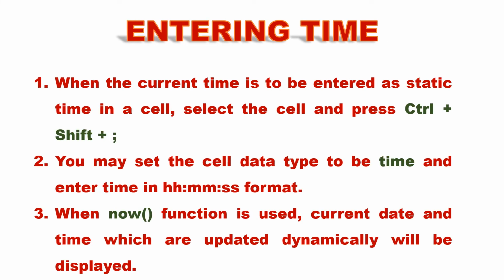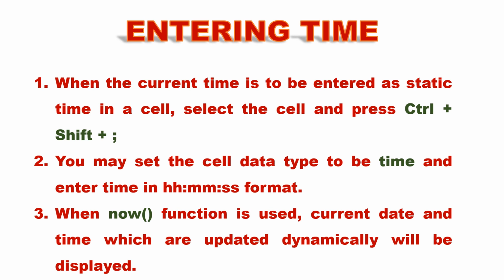To enter the time, we must use Ctrl plus Shift plus semicolon. This will show the current time in the format HH:MM.